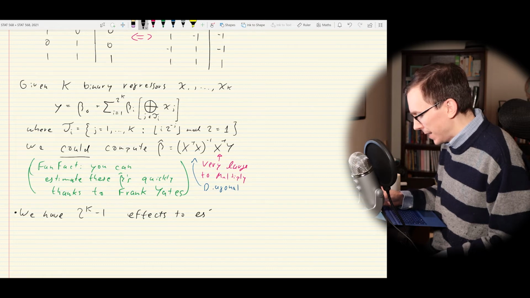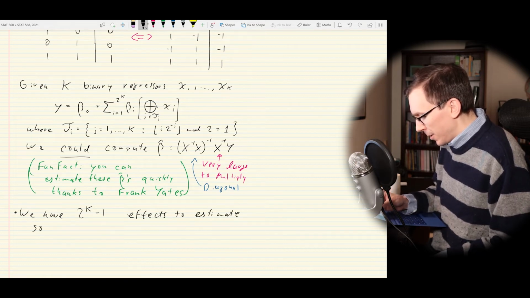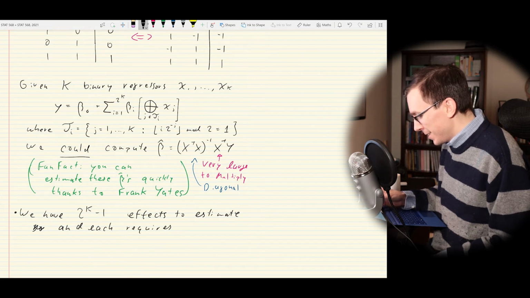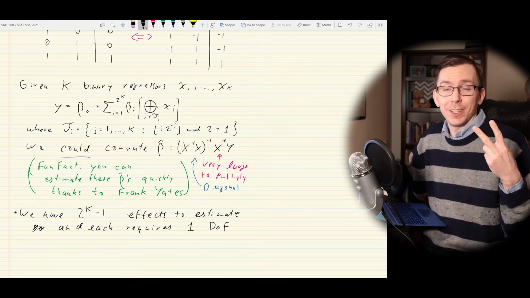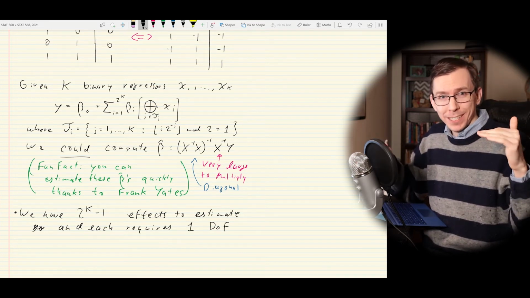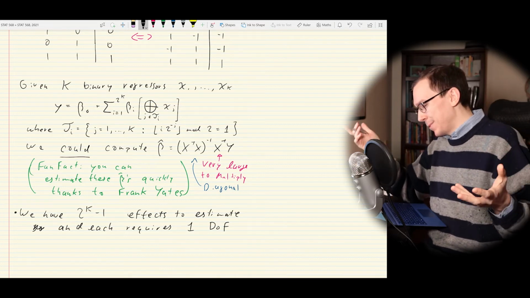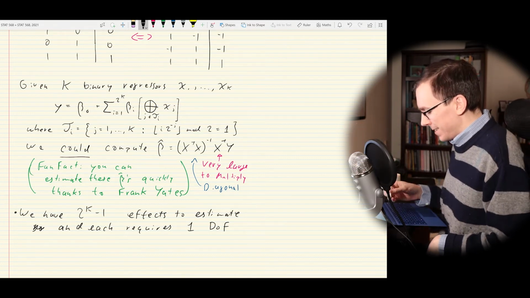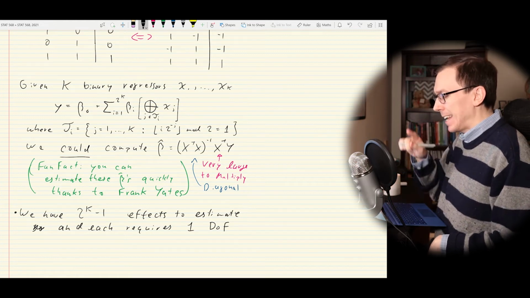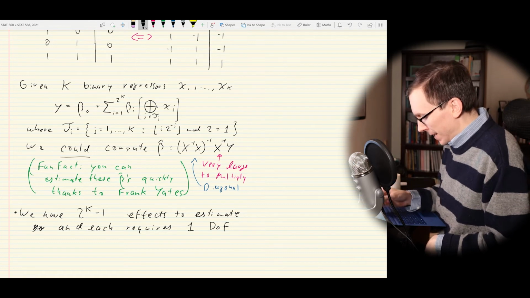Each requires 1 degree of freedom, because it's a binary factor: 2 factor levels minus 1 is 1 degree of freedom. So we have 1 degree of freedom for every main and every interaction effect.